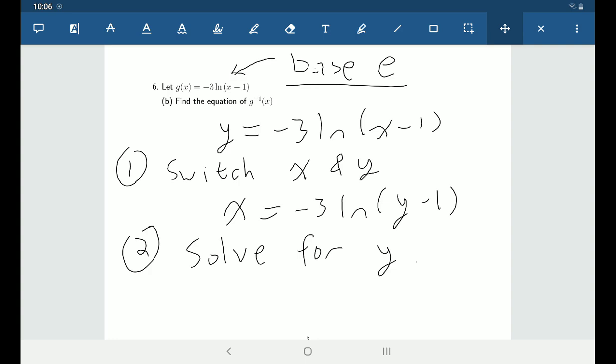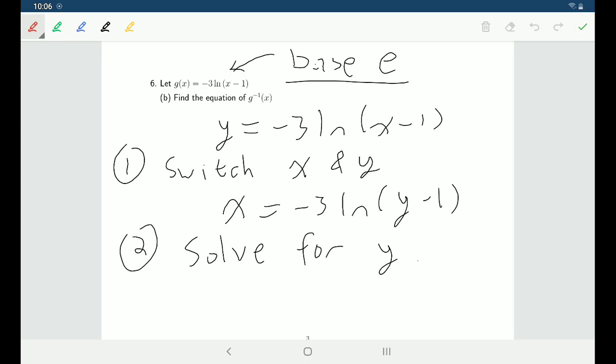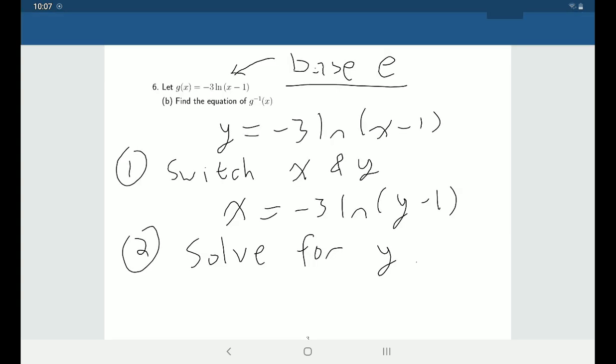Because remember, when we're looking for the inverse of a function, so here the function is g of x, I first start out by, instead of saying g of x equals, writing it as y equals, and that's because g of x is just the y values for that function. And then first thing we do is switch the x's and the y's. So we have, instead of y equals, x equals. Instead of natural log of x minus 1, it's natural log of y minus 1. And then we just have to solve for y.